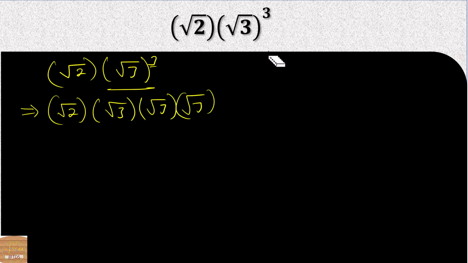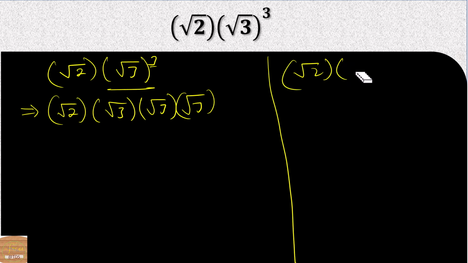Or you can also say 2 times root 3 squared, times root 3 to the power 1. Now if I apply this, 1 plus 2 is 3, so you can also write this one in the form of this. Now let's solve both sides and see.